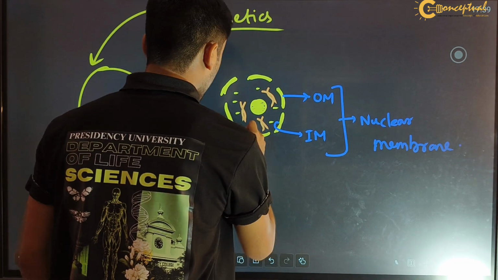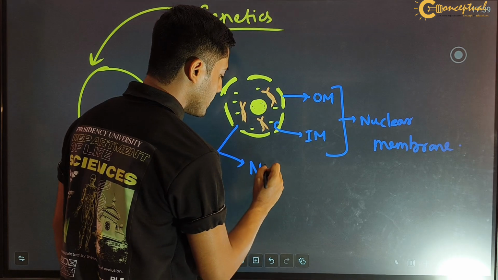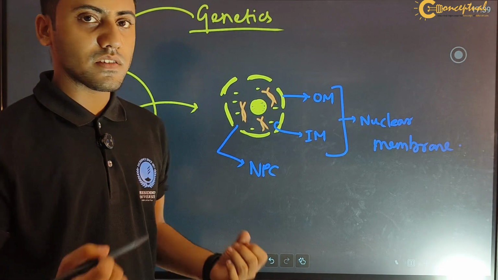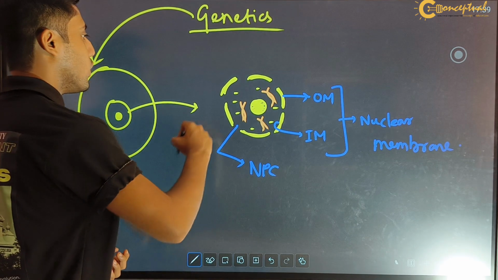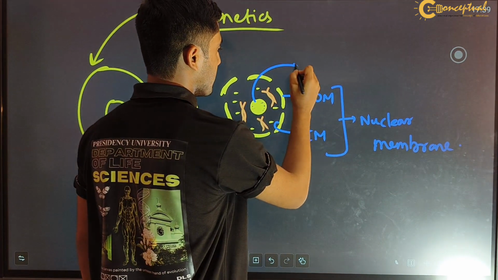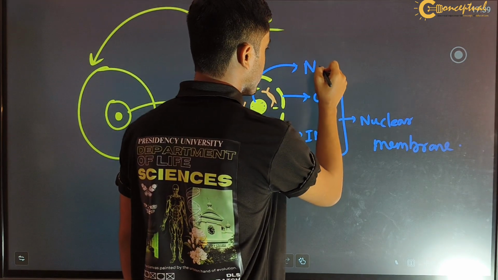Okay, so the gaps in the nuclear membrane are known as NPC or the nuclear pore complex. From the nuclear pore complex, several components will go in or out of the nucleus. Then there is this control center of the nucleus, which is the nucleolus.